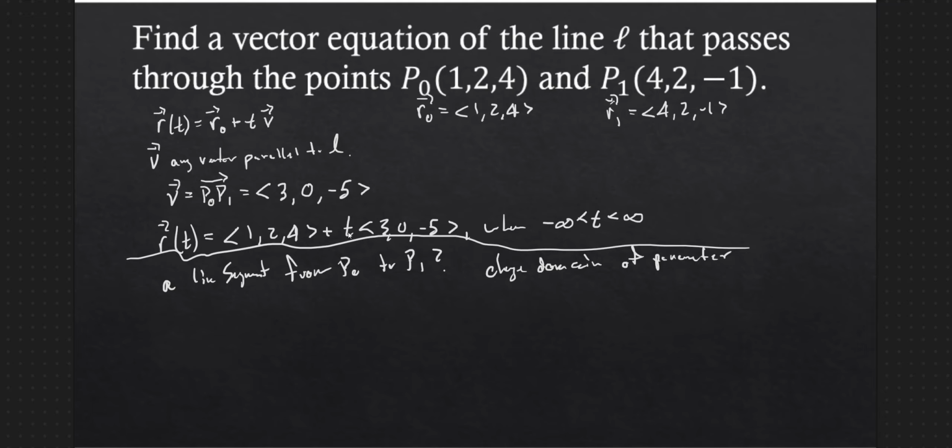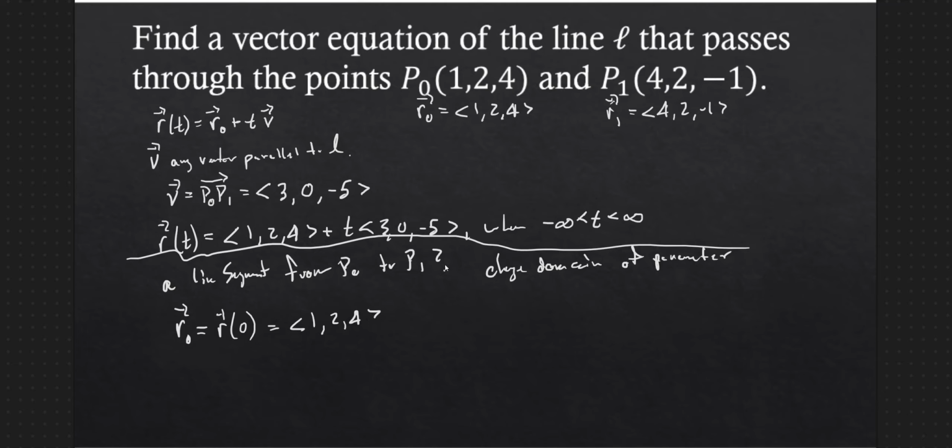That's just noting if I plug 0 in for t, I just get 1, 2, 4, which is R0. So R0 is a specific vector, not a function. R0 is R of 0. If I put 0 in for t, I get 1, 2, 4.